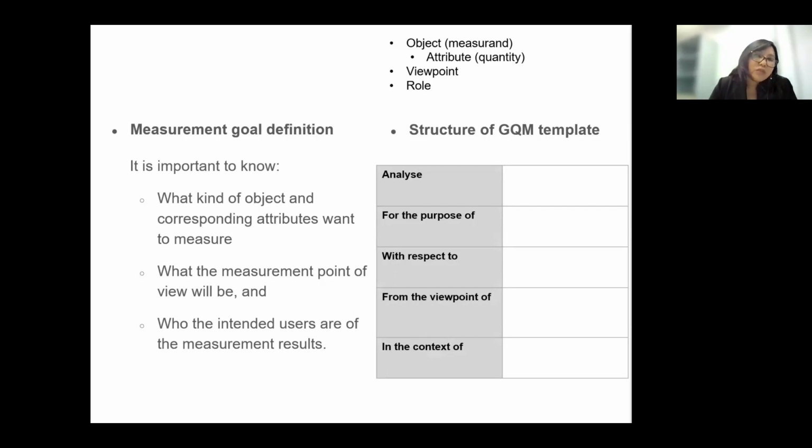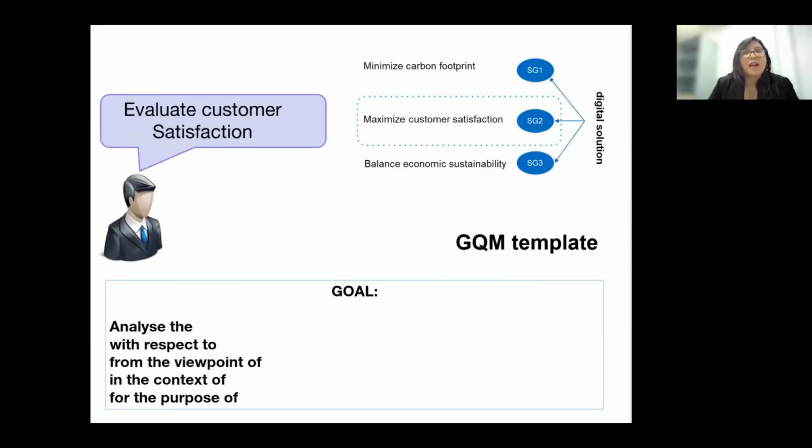Once we answer this important information regarding the object, the attributes, and the viewpoint, we will be able to complete this template. How? For example, if we want to evaluate customer satisfaction, that is related to one of the sustainability goals, our measurement goal, if we define it using the GQM template, has this structure.